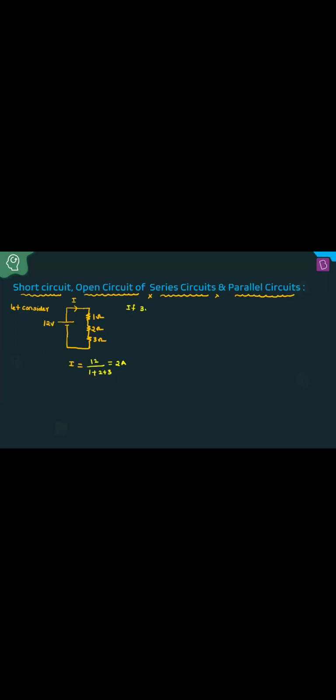Say for example, if the 3 ohm resistor is short circuited. This is 1 ohm, 2 ohm, 3 ohm. Now this 3 ohm element is short circuited. Now what is the current?